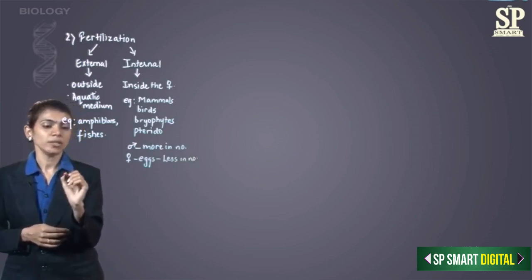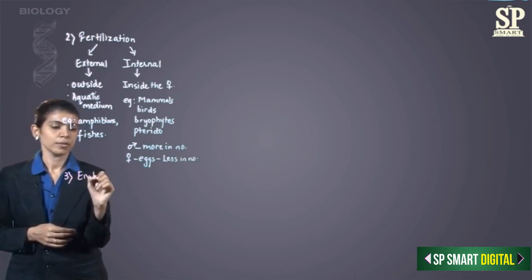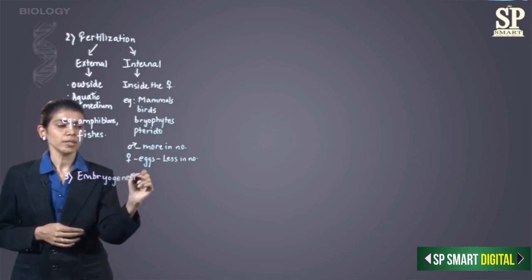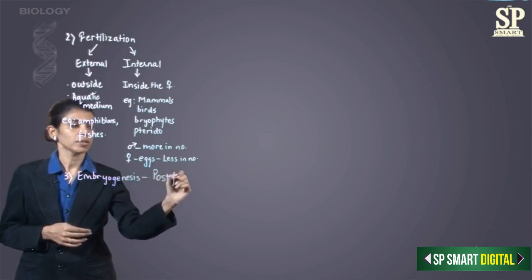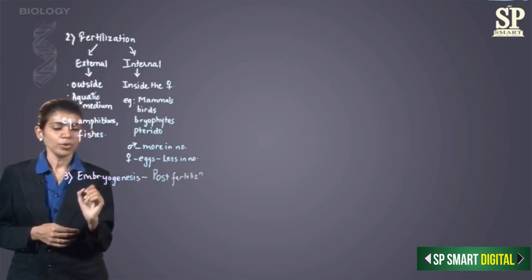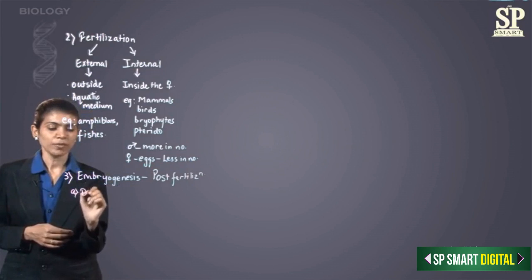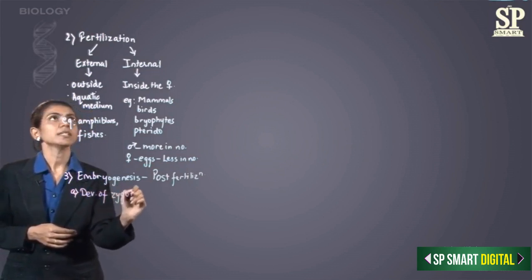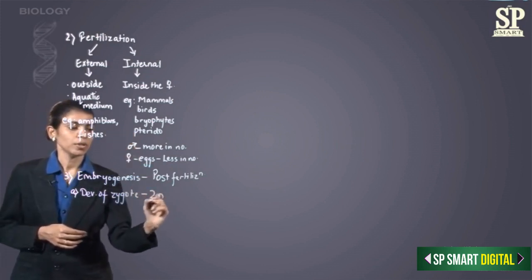Now coming to the third event, that is embryogenesis. Embryogenesis occurs after fertilization, so it is a post-fertilization event. The first step would be development of zygote. Once the fertilization has taken place, a diploid zygote is formed.